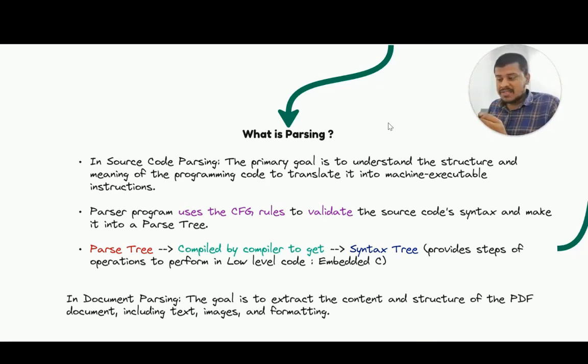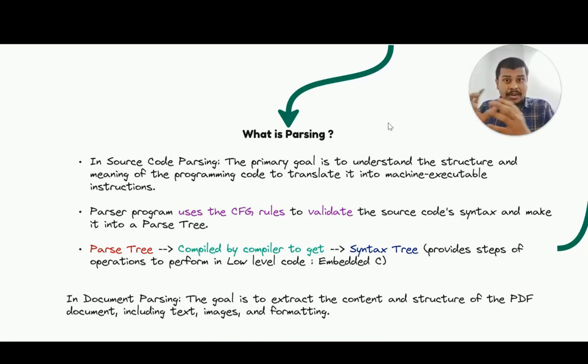So a parse tree means an iterative movement of the cursor from one string to another string, but while moving, it is also giving out the context or the tagging for each and every string. It's making the compiler understand, okay, this string stands for this operation. This string is an expression. This string is a number. This string is a variable. So that kind of tagging is given for each and every string using the context-free grammar rules.